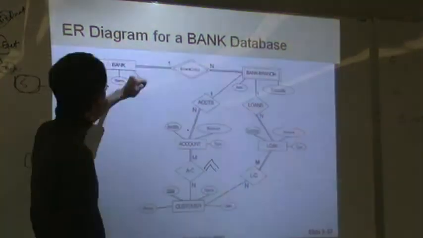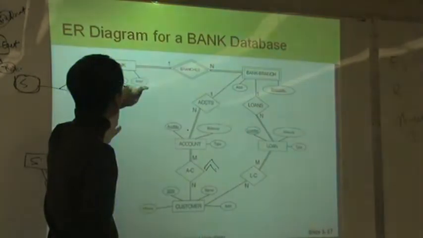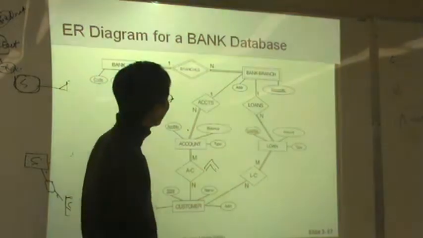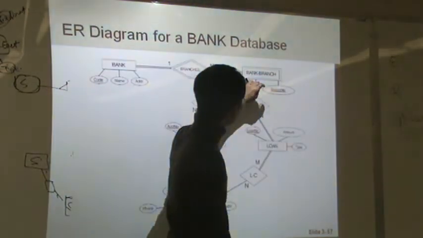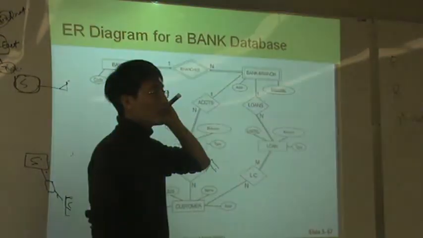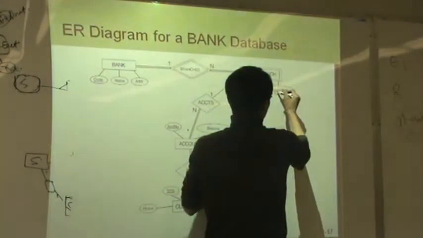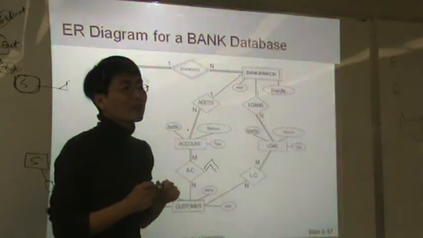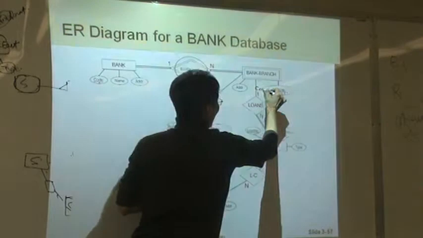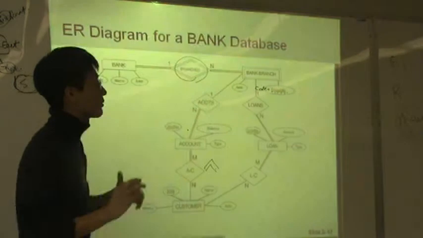For example, there is a bank, which can be described by banking code, a unique code for the bank, and name and address. It has many branches. It's a double rectangle, which means it's a weak entity. So using the branch number alone, it cannot be identified. Probably using an identifying relationship, we need the banking code plus branch number to identify the specific branch in this case, something like that.